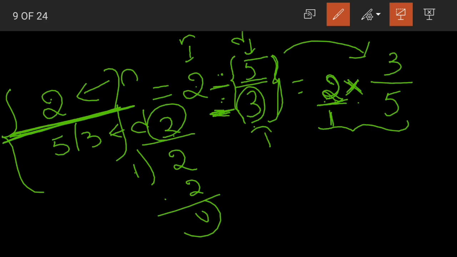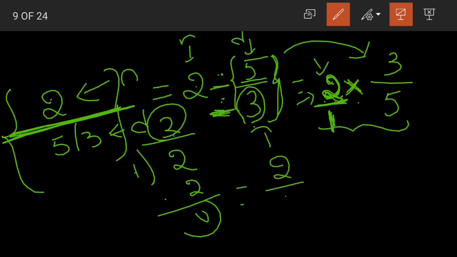So any number divided by 1 will give us the number itself. We assume that the denominator of every whole number is 1.